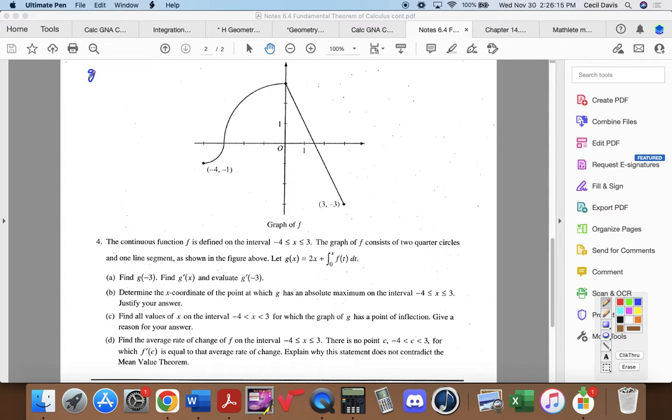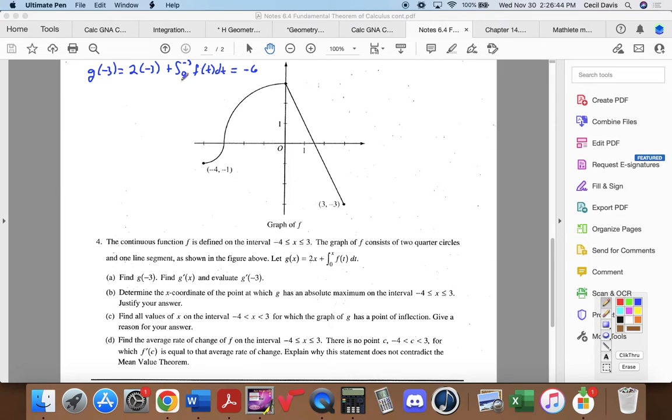All right, so g of -3. By definition, that'll be 2 times -3 plus the integral from 0 to -3 of f of t dt. So that's going to be -6. And again, I don't like the fact that it's from 0 to -3.